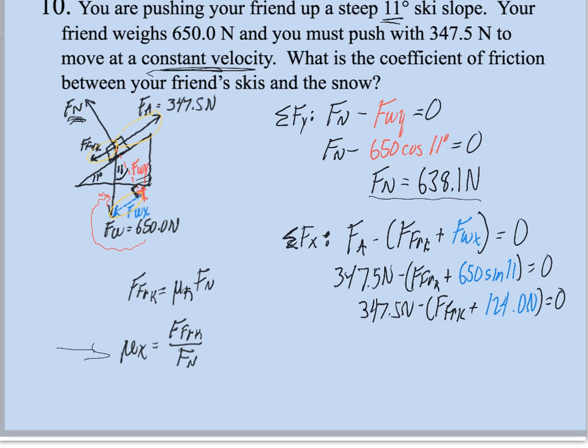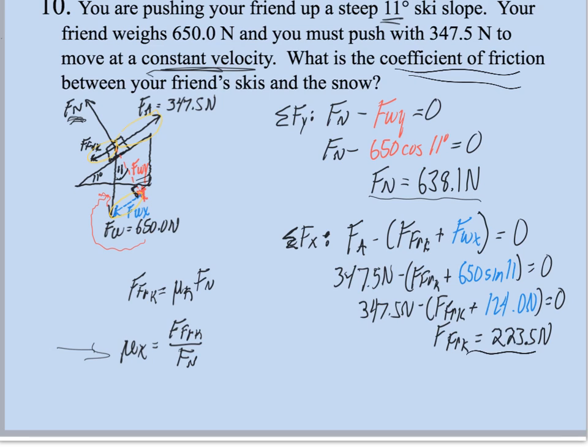If we do a little algebra here, in the end we're going to be subtracting 124 from 347.5. So the friction force is equal to 223.5 newtons. That's my friction force. And do I have enough information now to find the coefficient of friction?